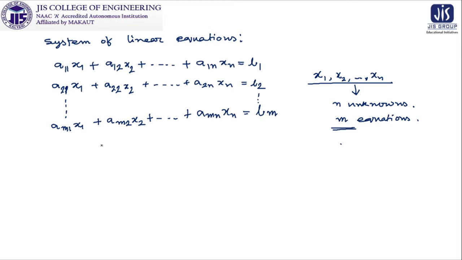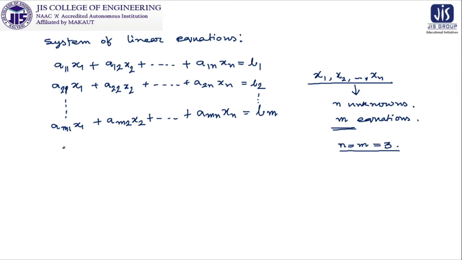I just want to say that if we are taking this system in a smaller form, suppose we are taking n equal to m equal to 3, then how can we represent this system of linear equations?